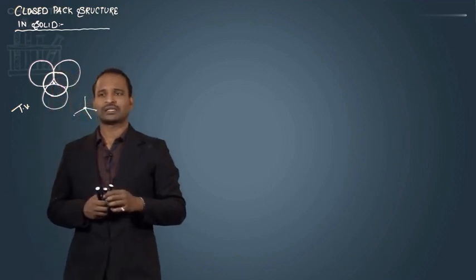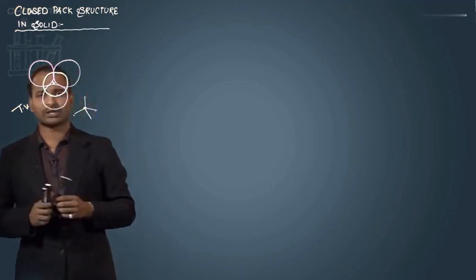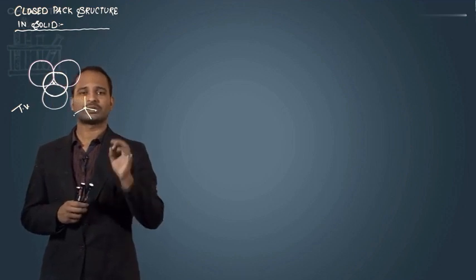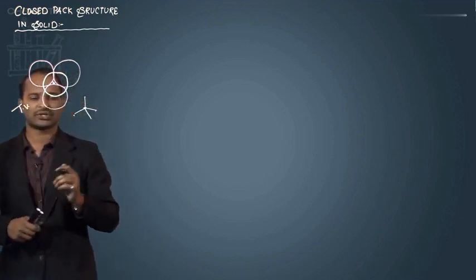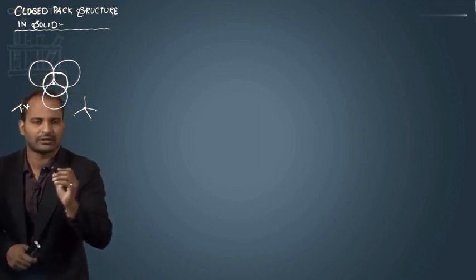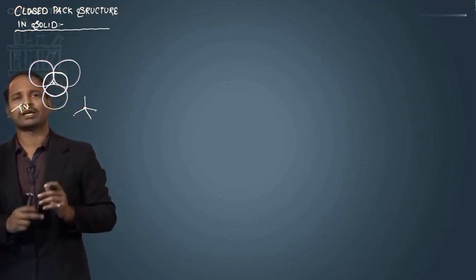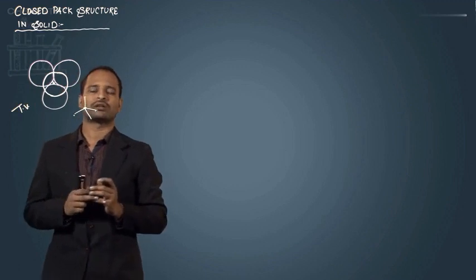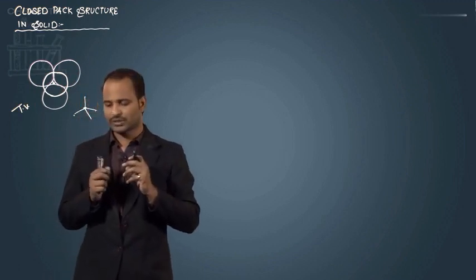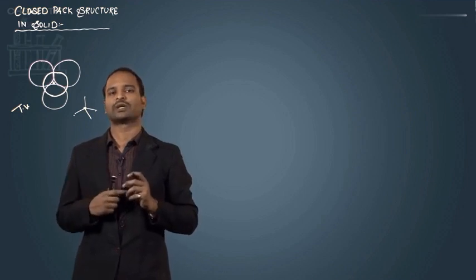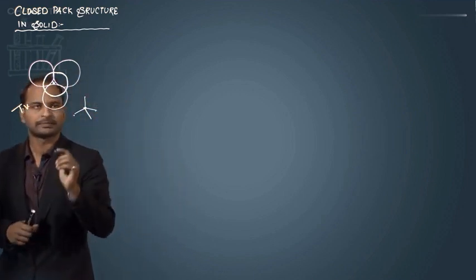Now the next one, as I said, is the octahedral void. Octahedral void is surrounded by how many spheres? The answer is 6. Now let's see how those 6 spheres are arranged in case of an octahedral void. It is void A. I call void A an octahedral void, and as I said, there are a total of 6 spheres surrounding it: 3 from the lower layer and 3 from the upper layer.